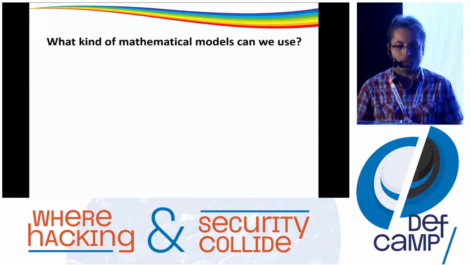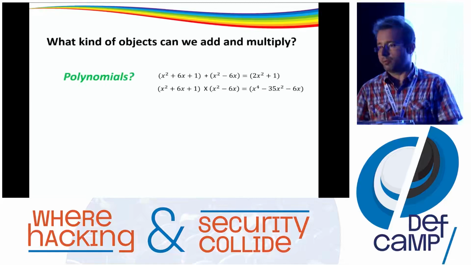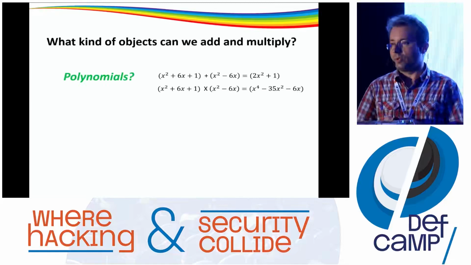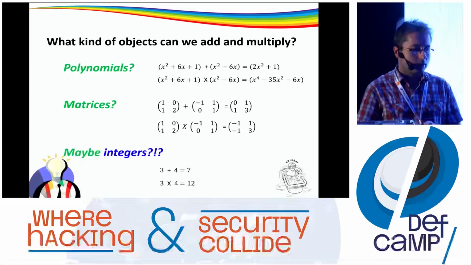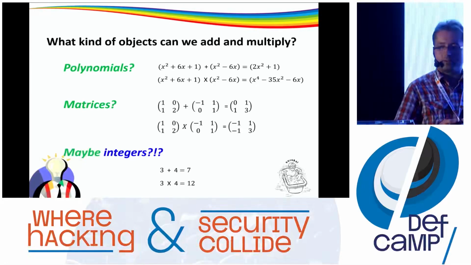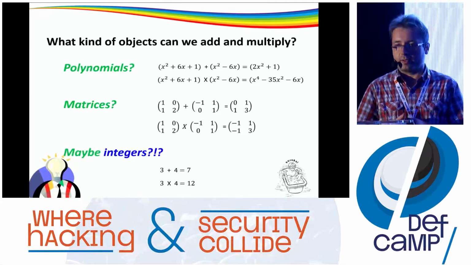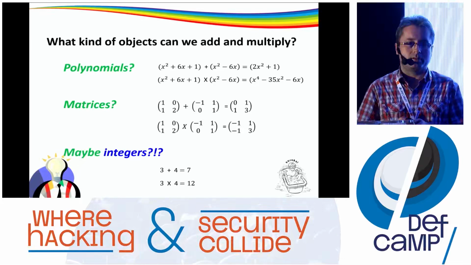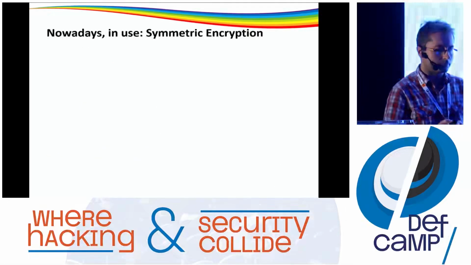Basically, what mathematical models can we use? Well, maybe we can use polynomials, or matrices, or basic integers to perform the calculations. In practice, all these are possible and can be used.